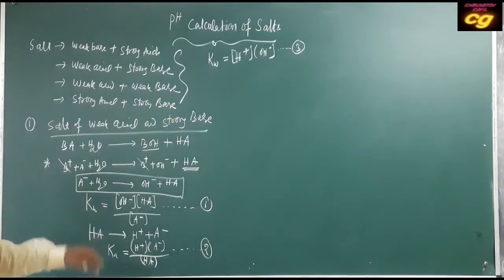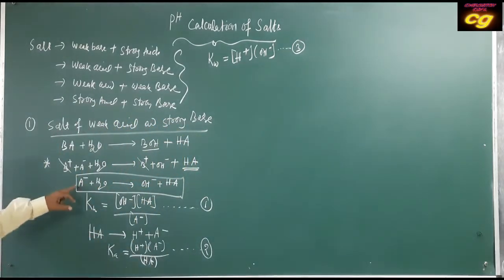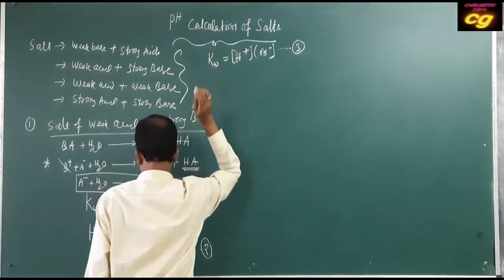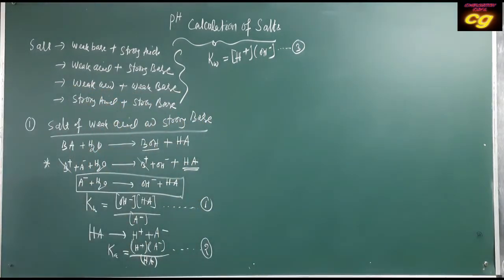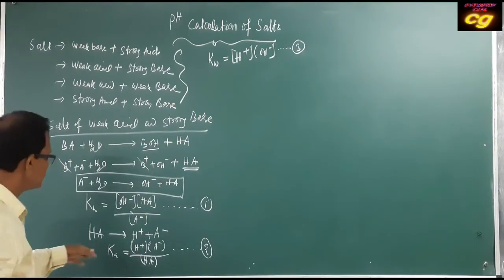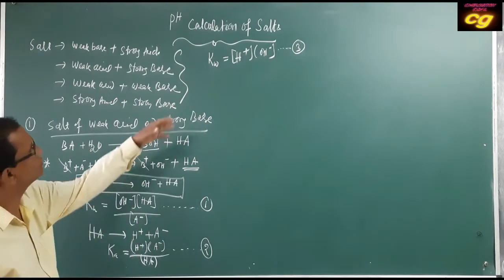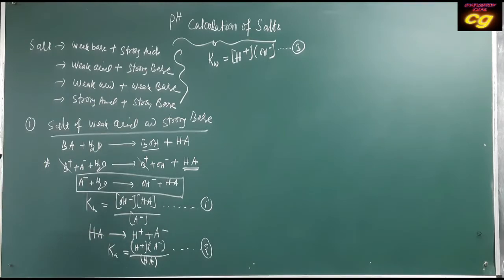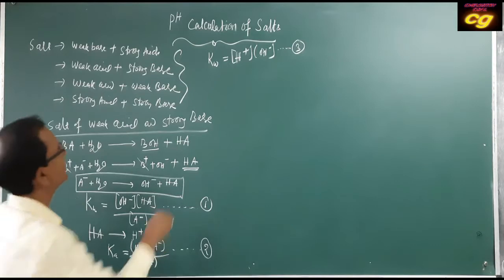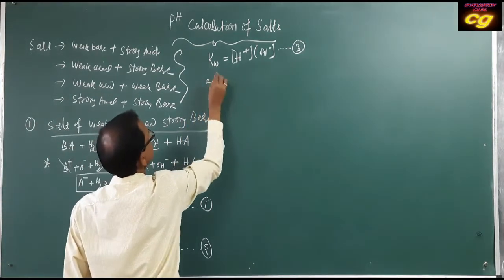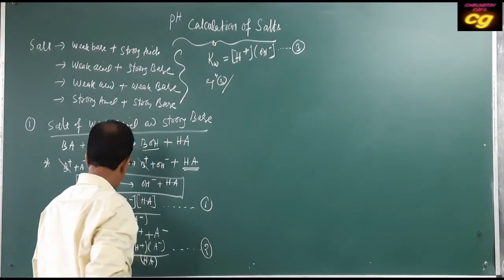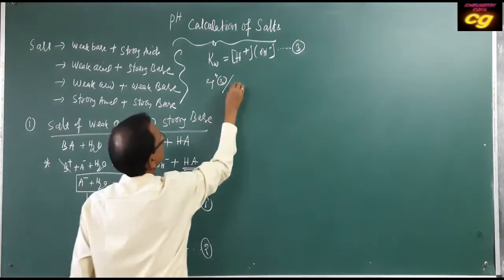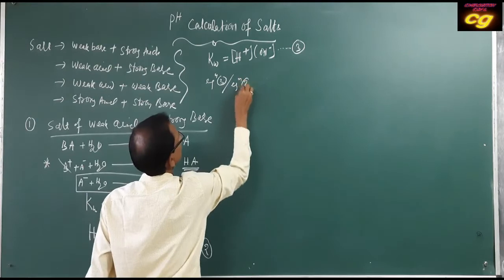So we got three equations. Now we can relate them. Suppose these are equation 1, equation 2, and equation 3. Then equation 3 divided by equation 2, what will you get?